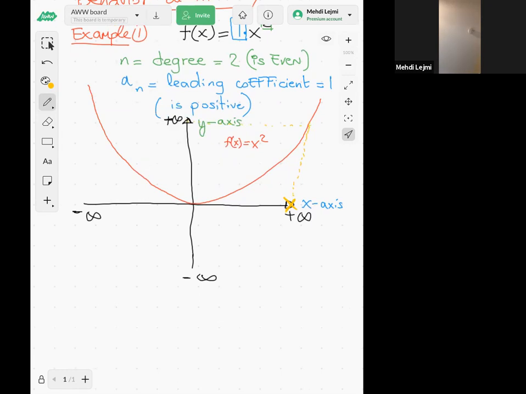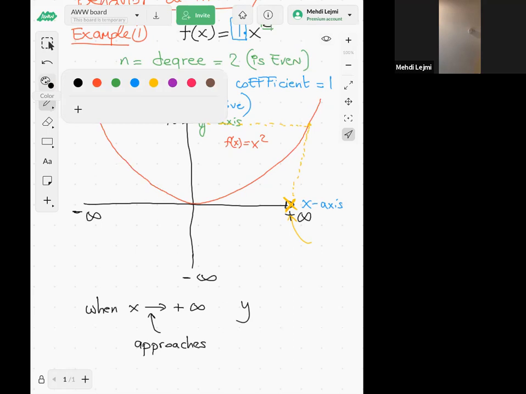So let me write it down. When x approaches positive infinity, where the arrow means approaches or goes to, y, the output, approaches positive infinity.